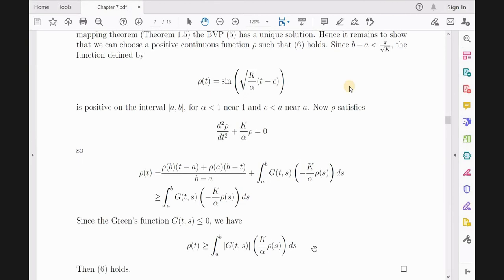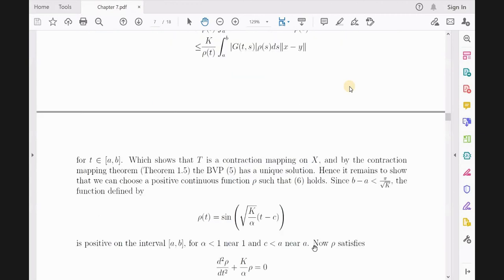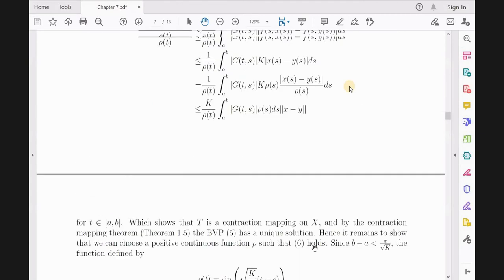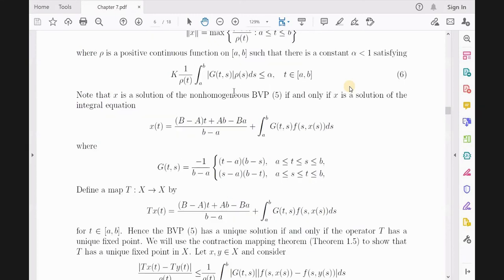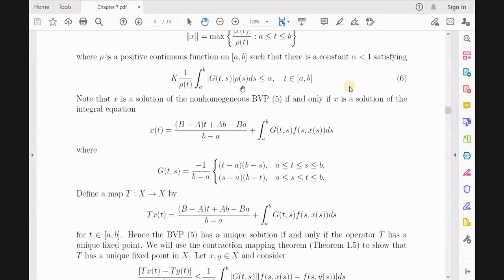So you can see rho is a solution of this inequality, as this has a solution.